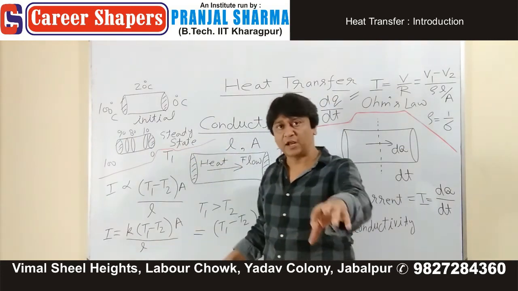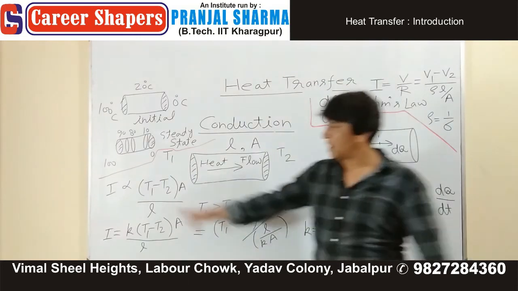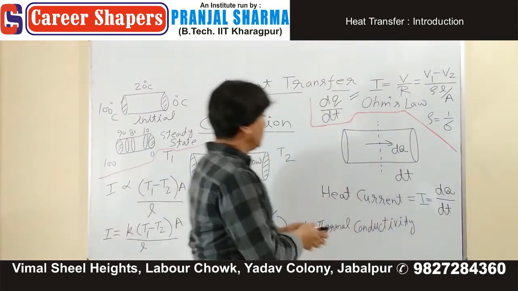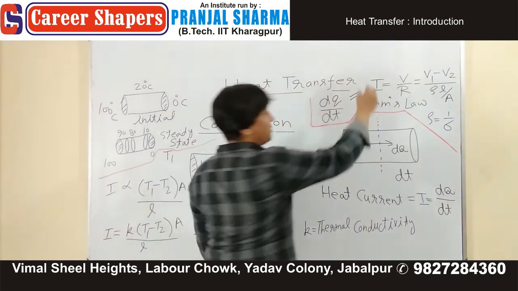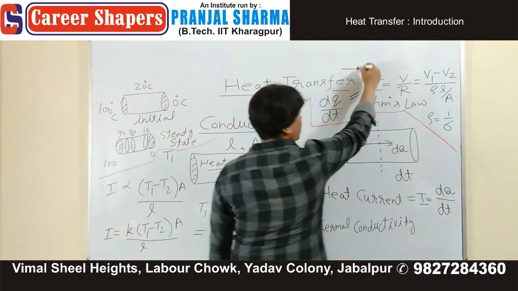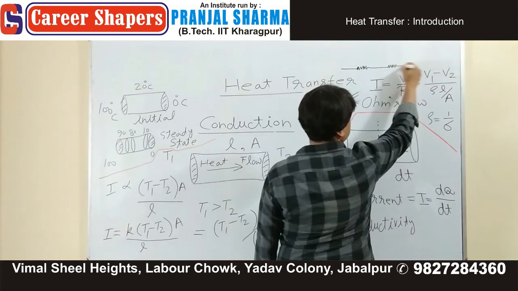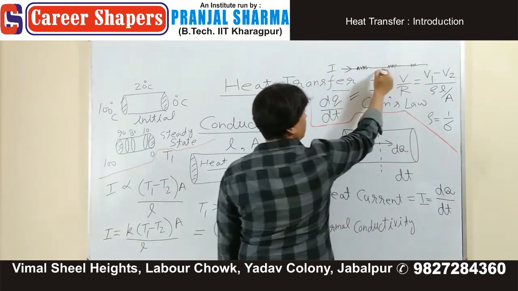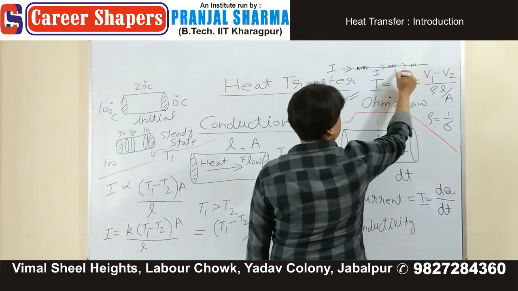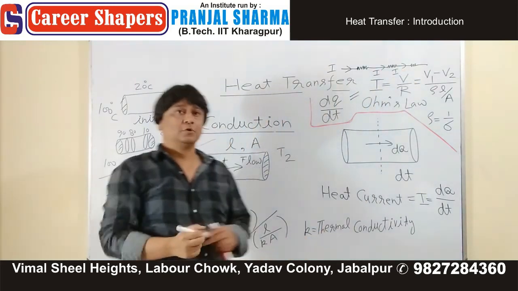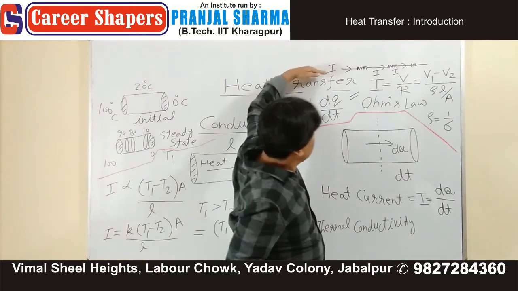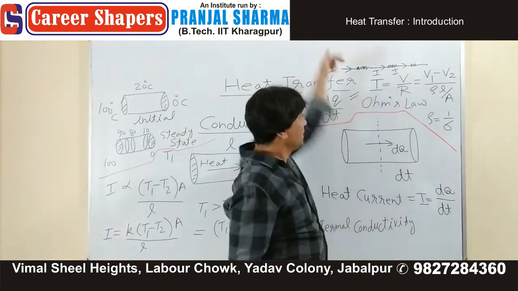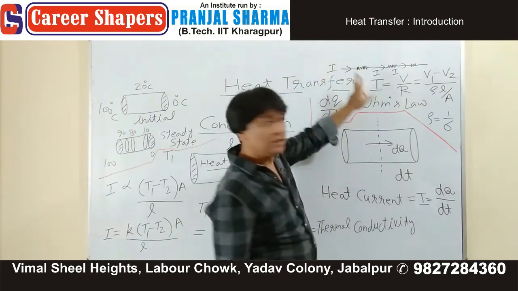At this stage, your I, if you remember series combination, it was shown like this, and we used to say that current is the same. So what happens? Electrons are moving, well, in this direction, but for the time being, electrons are moving.